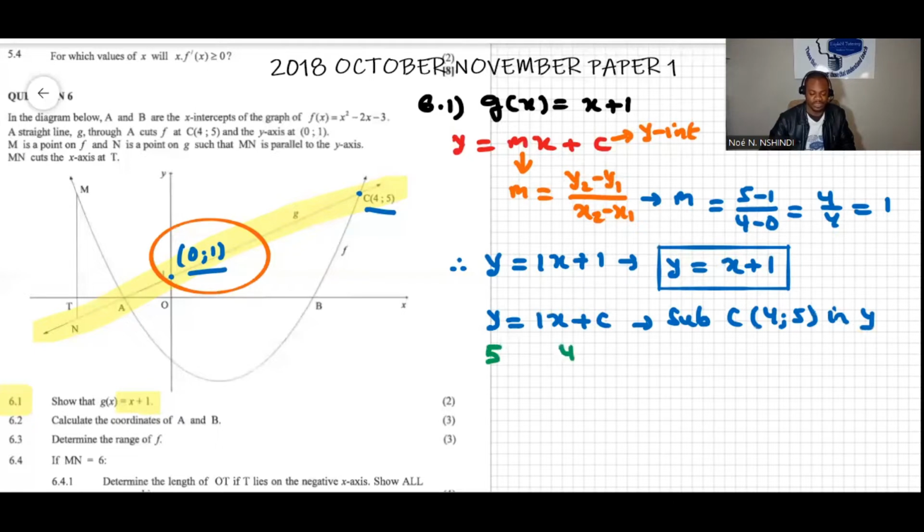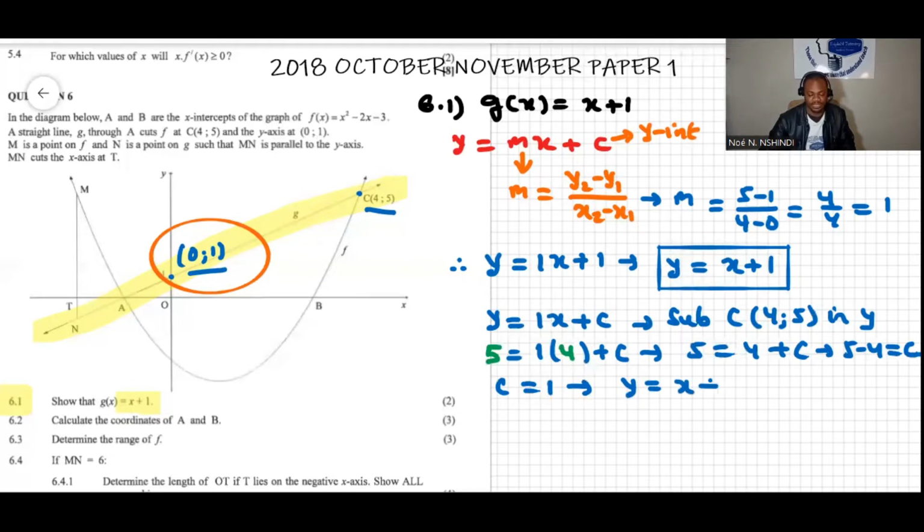Then 5 equal to 1x plus c, so 5 equal to 4 plus c. If you move the 4 over, that makes 5 minus 4 equal to c, and then c equal to 1, which implies that y will be equal to x plus 1. So it's another way you can solve it, but as for me, I'll go for the first one.